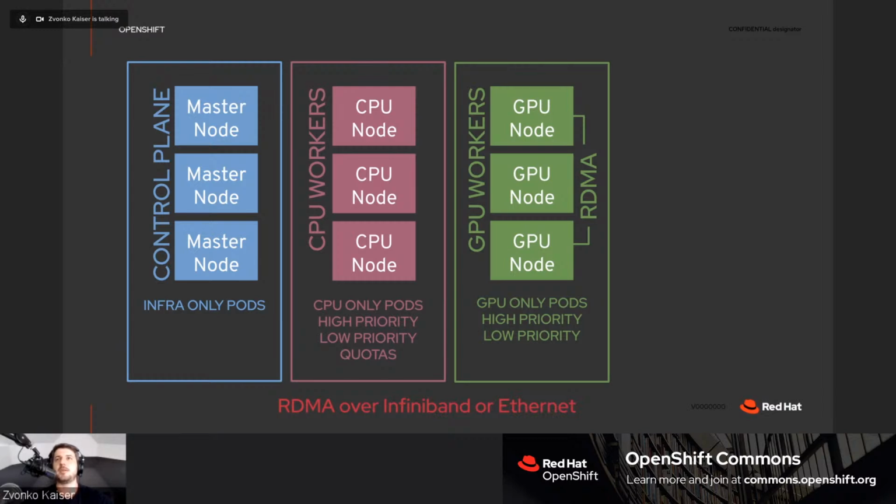The vendor we are currently working with used SRO as the driving vehicle to test this POC, and now they're implementing on top of SRO and with this template their own operator to enable RDMA over InfiniBand or Ethernet for GPUs.